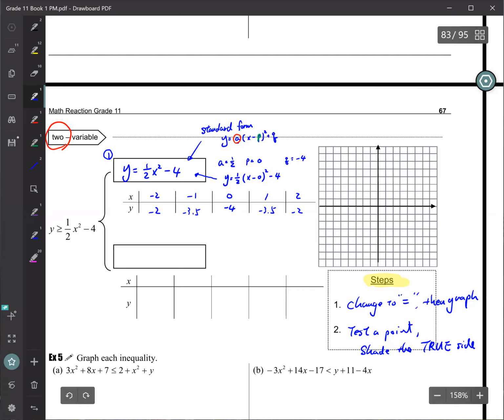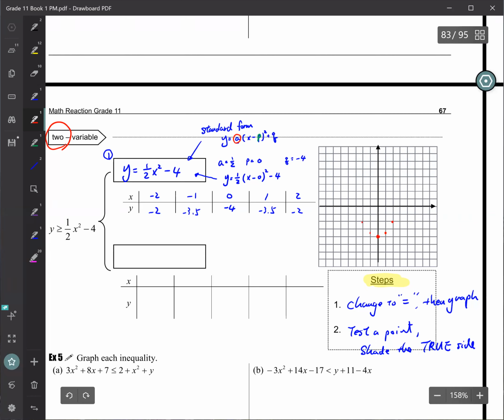So -2. Sorry, I lowered your hands by accident. Can you raise your hand again if you finish testing? Okay. 0, -4, 1, -3.5, 2, -2, right?